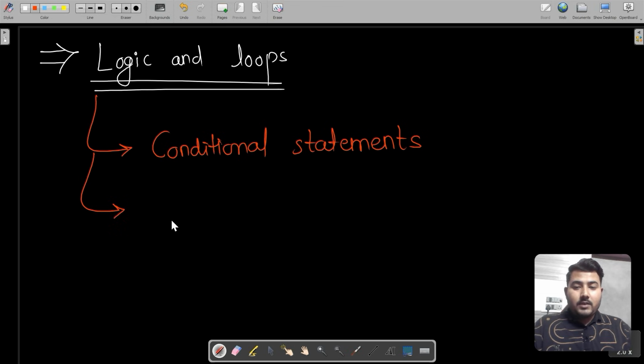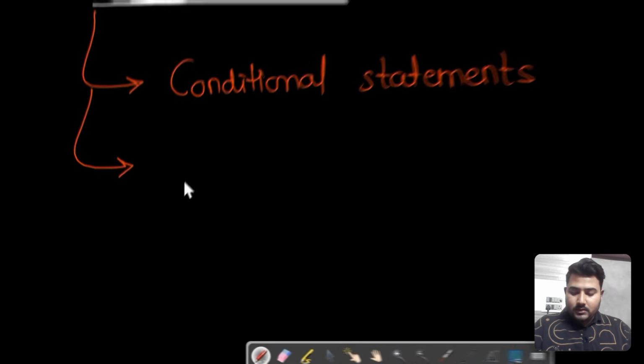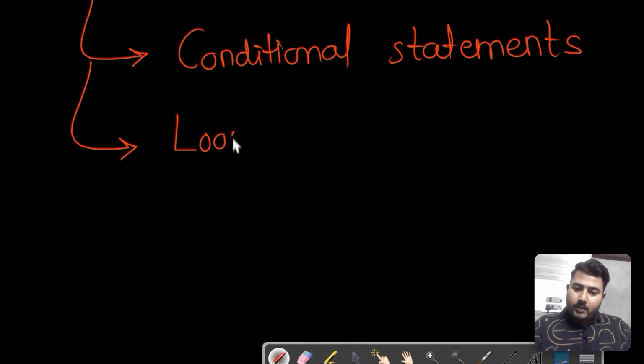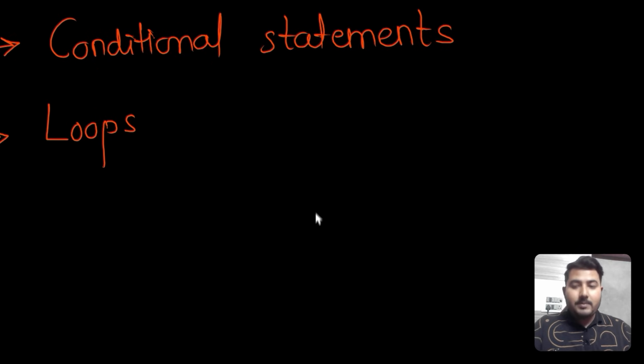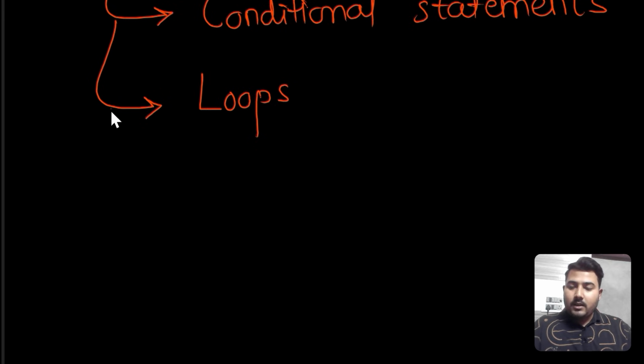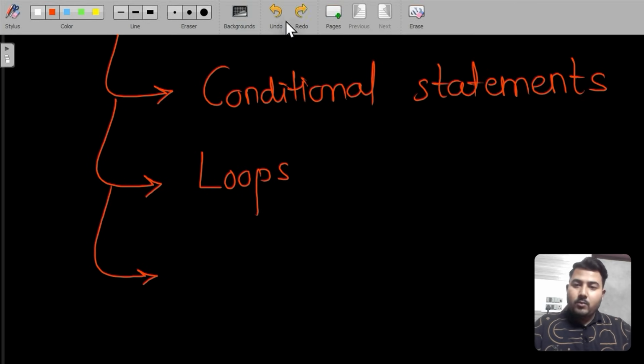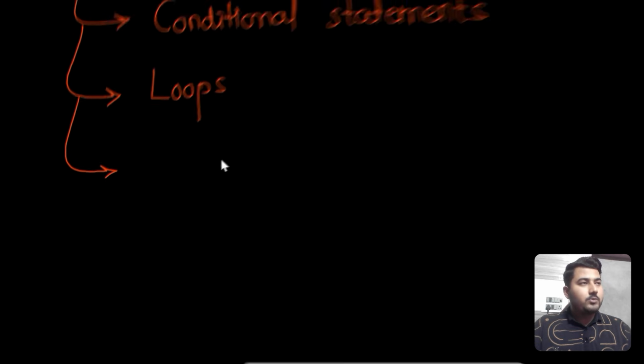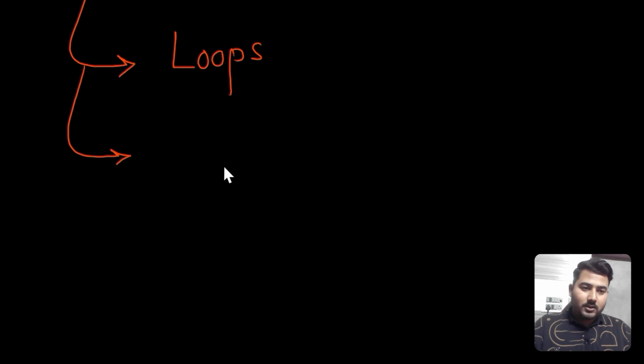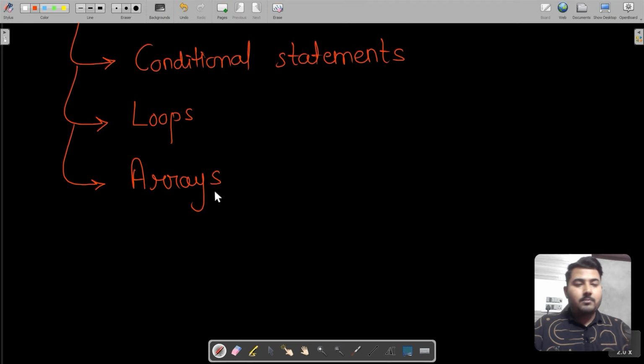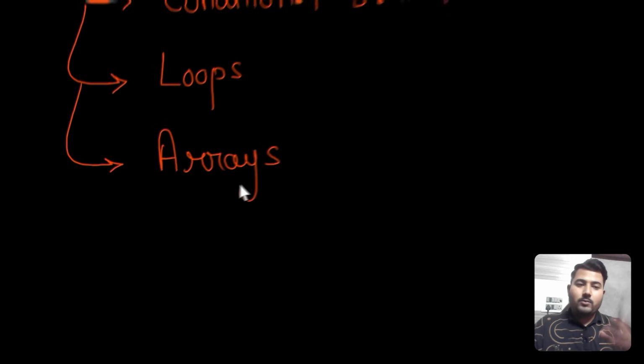The second thing we are covering in today's session is another important part, loops. It is a very important and very basic part. There is nothing hard or advanced about it in this topic. Then we have the most famous and most widely used data structure in the entire industry, which is called arrays. That is the most famous and the very first data structure that anyone would ever learn.